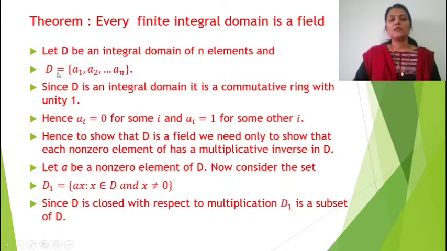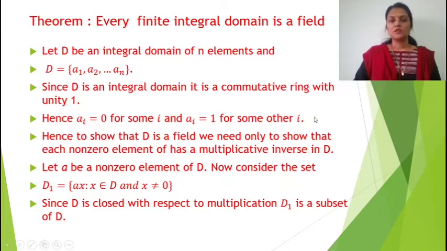The elements of D we can write as a1, a2, ..., an. Since D is an integral domain, it is a commutative ring with unity 1. Hence, for some i, ai equals 0, and for some other i, ai equals 1.